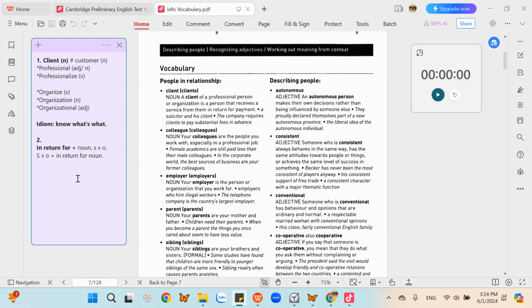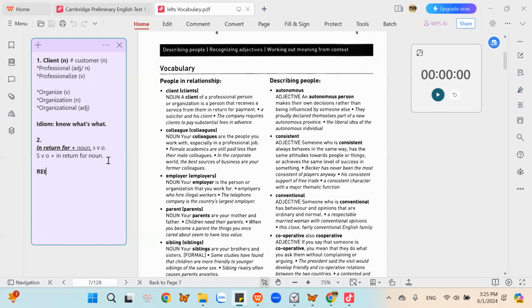Please look at the structure: when you use "in return for" at the beginning of the sentence, it has a comma. If you use it at the end of the sentence, it doesn't have any commas. So please be careful.